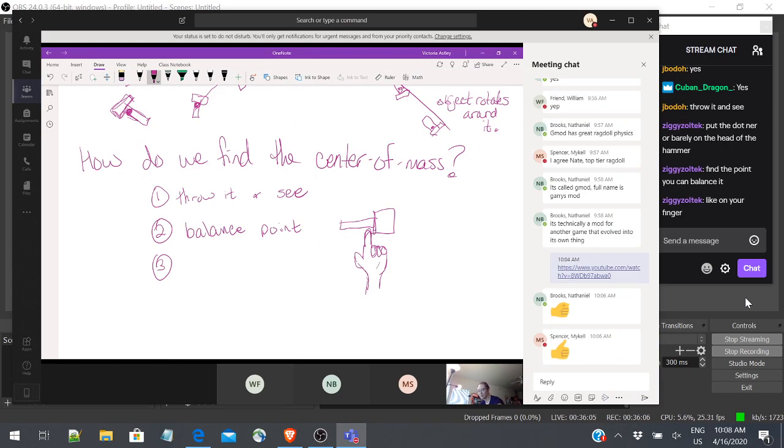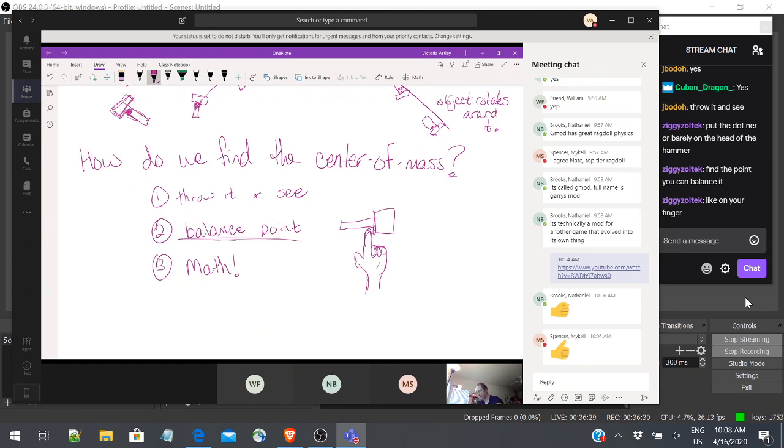The point where you can balance an object will be the center of mass. We're going to talk about why this is a little bit later. It has to do with that idea of torque and forces being applied off axis. But yeah. And the third way is math.